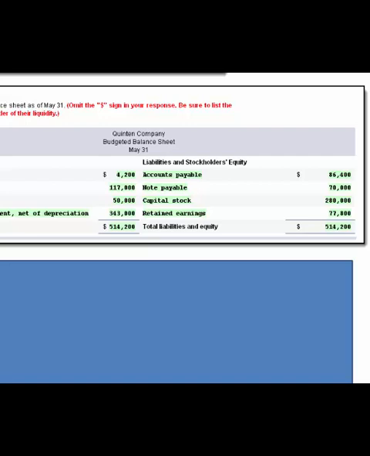I believe in this problem no dividends were mentioned. So we're able to take beginning retained earnings, add in net income, and we're able to come up with a projected retained earning balance. In fact, all of these are projections. And if we did this right, our assets will equal our liabilities. And that takes care of this problem, everyone. Thank you.